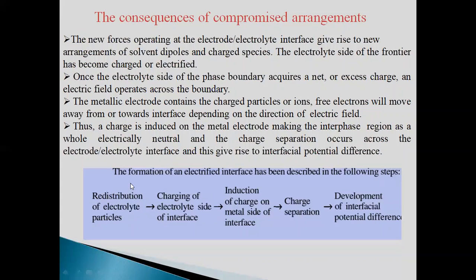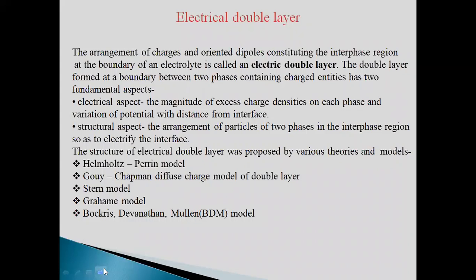The formation of an electrified interface can be described in the following steps. First, redistribution of the ions or molecules of the electrolyte takes place. That is followed by the charging of the electrolyte side of the interface, which produces an induction of charge on the metal side of the interface, causing the charge separation and leading to the formation of an interfacial potential difference.